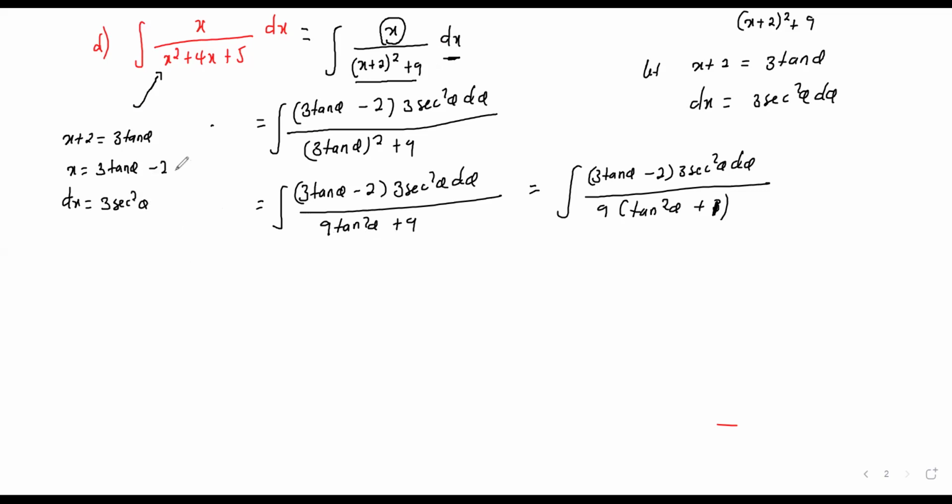The minus 2, the derivative of a constant is 0, d theta. So now we go and substitute. Where there's x, we'll put this whole thing. Where there's dx, we'll put this whole thing. And that's how we have that numerator there and that denominator there. And then after the expansion, we arrive at this point here. So now what is tan squared plus 1? It's sec.